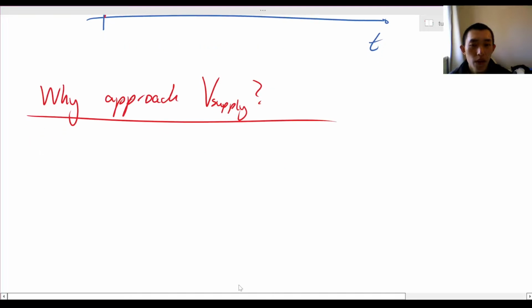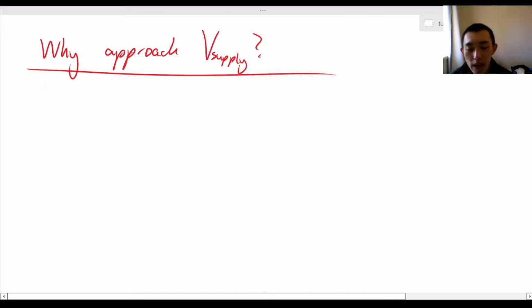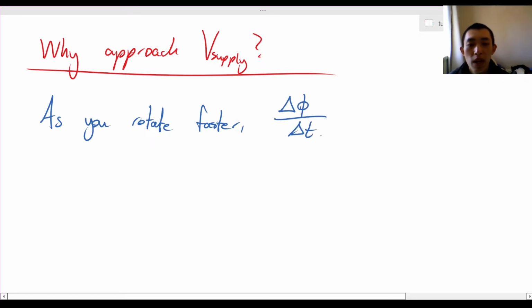This one's not so hard to explain. We can see that as you rotate faster, the change in flux over time, our delta T, actually decreases, which makes this whole fraction increase, right? If you decrease the denominator, it gets bigger, which means that our EMF will increase.